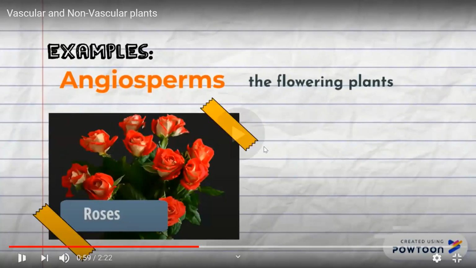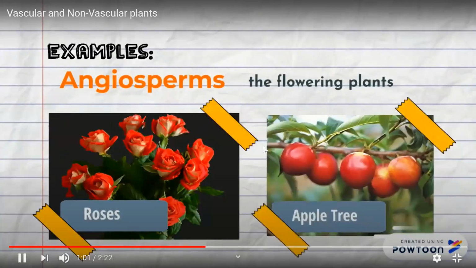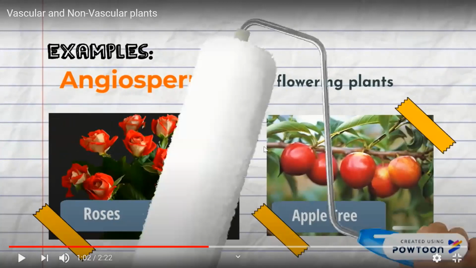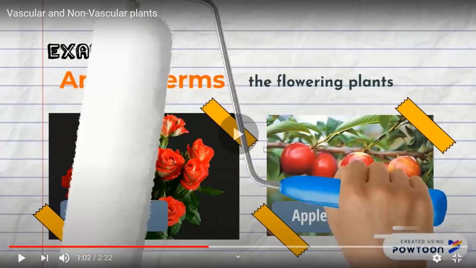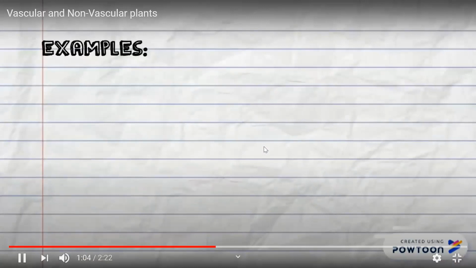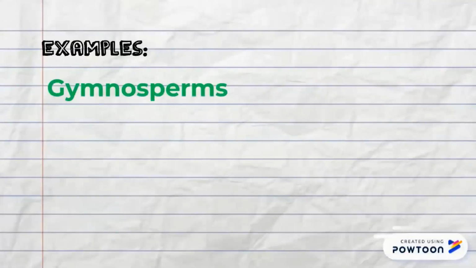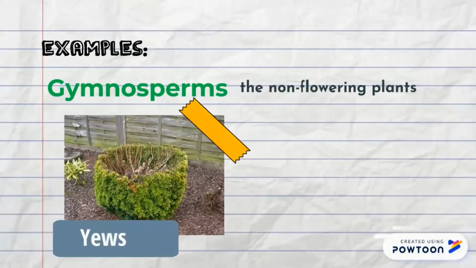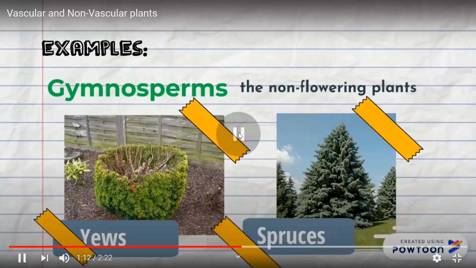What else? Apple tree, definitely. Fruits. Also, these are types of vascular plants.